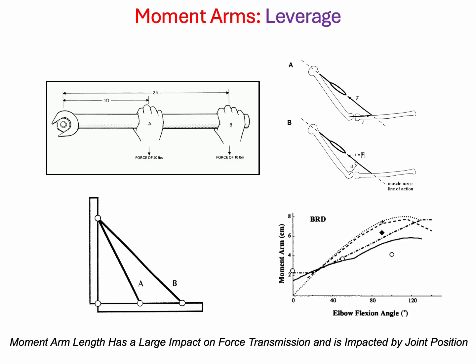Position B would have greater torque potential because of that greater lever arm. So it turns out that when you look at the brachioradialis across the elbow joint, it changes as you change the joint angle through elbow flexion.